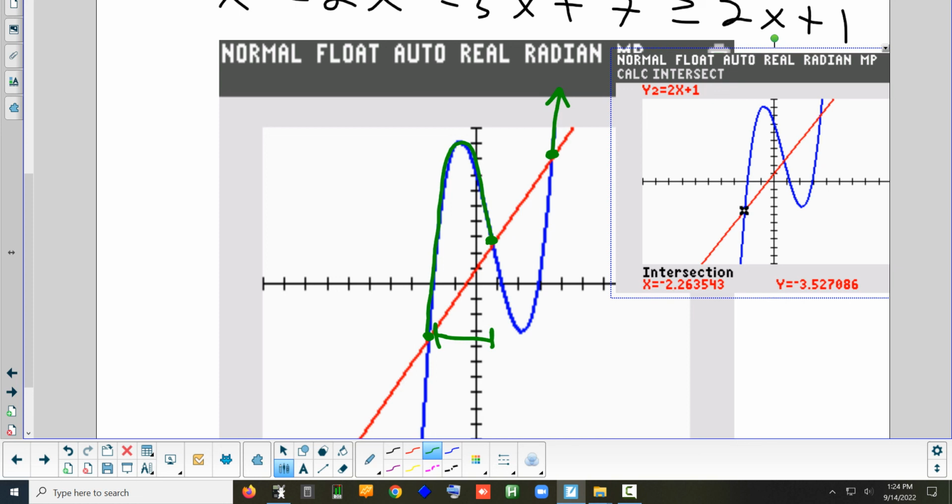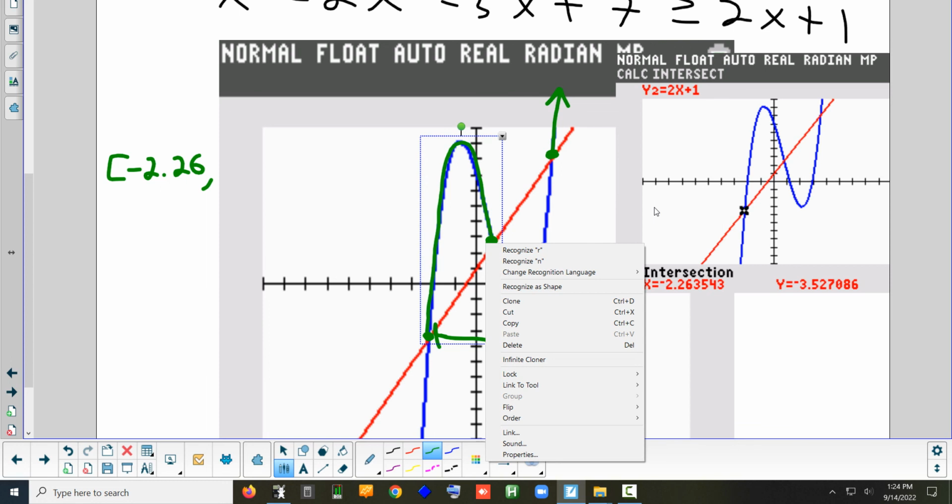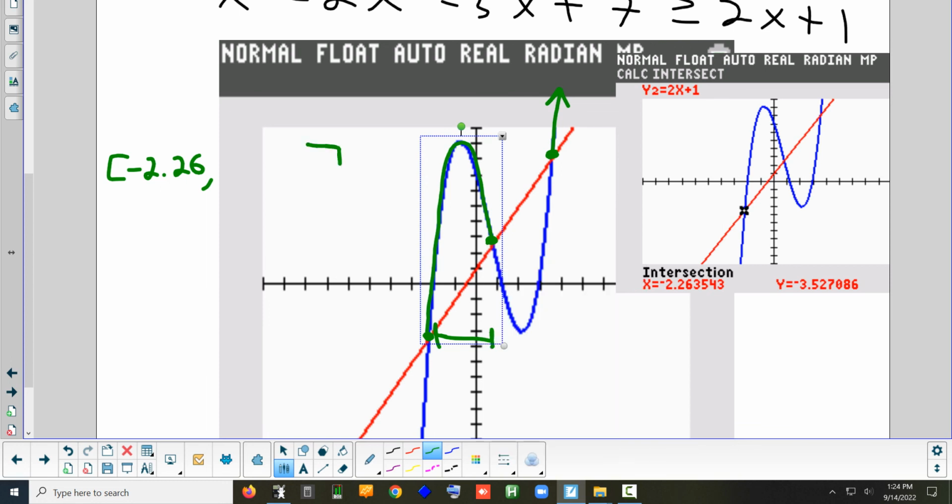So from negative 2.26, and I can include it because I have the equal to, up to this next x value. That's a section where the curve is above the red line. What's that other x value right there?